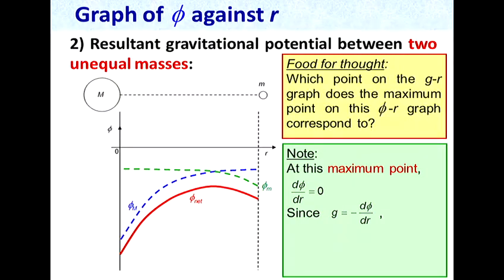So at this maximum point, the gradient is 0. So G must be 0 at this position of R. Okay? So if you were to sketch this graph directly below the G versus R graph, the maximum point must occur at the same R as where your first graph cuts the R-axis, where G equals 0. That is where the potential is the maximum.